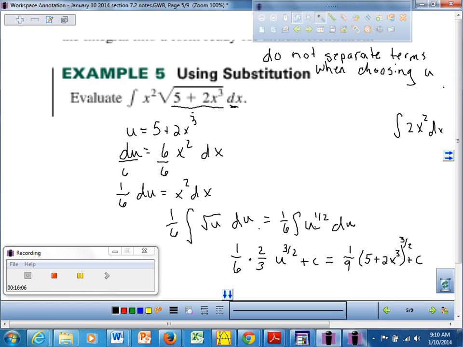Yeah, so you get it now? So u to the 1/2, when we integrate that, we get u to the 3/2 over 3/2. So we divide by 3/2. All right, questions on that one?